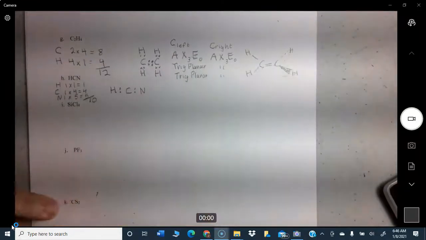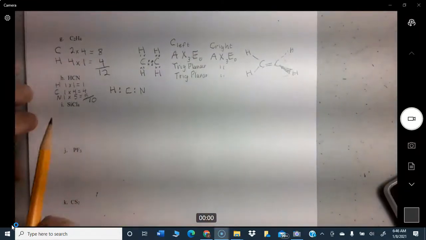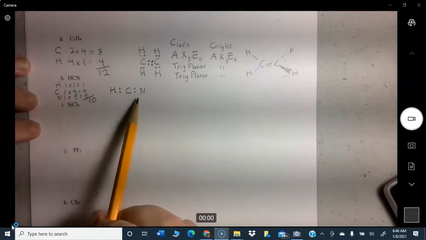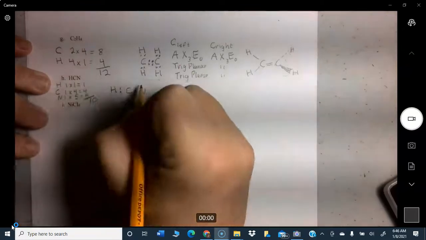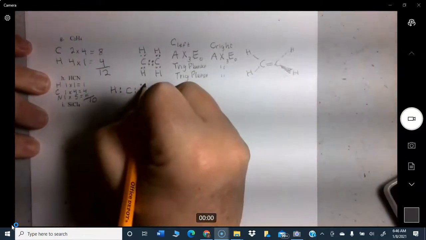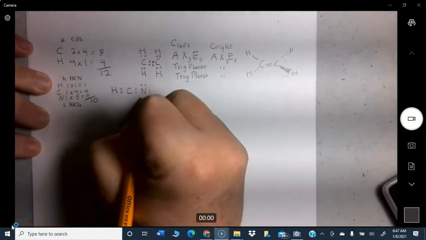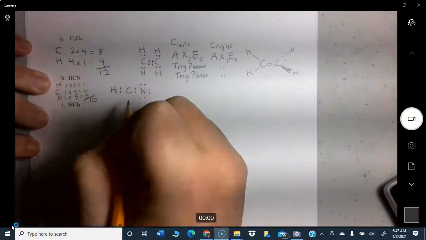Okay, when we were doing covalent bonds and doing this a couple months ago, we did play around with nitrogen being the central atom, but it's not, and we don't want to get into formal charge at this point. And so we know that this is the configuration, so we're going to go with that. Okay, there we go.